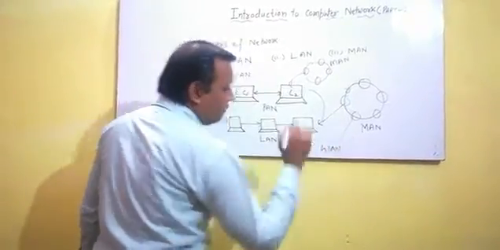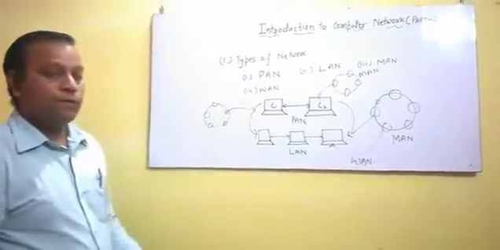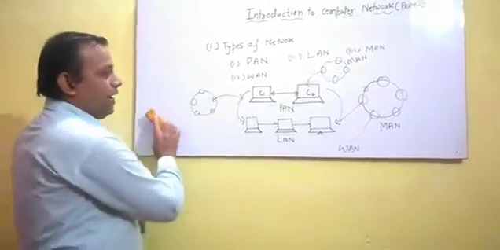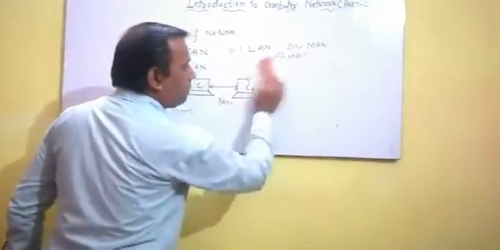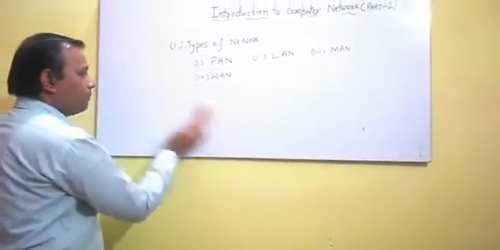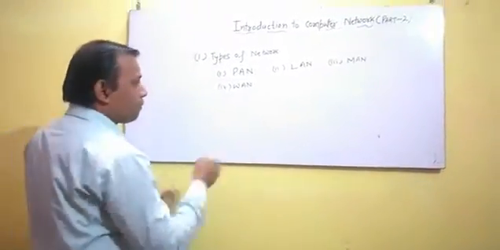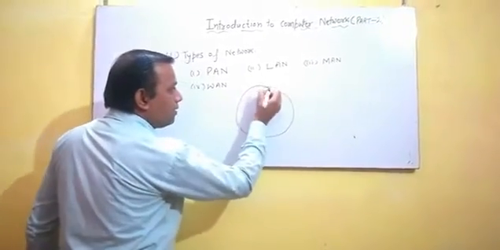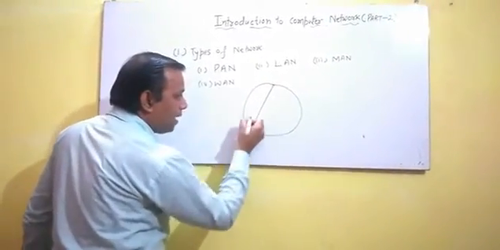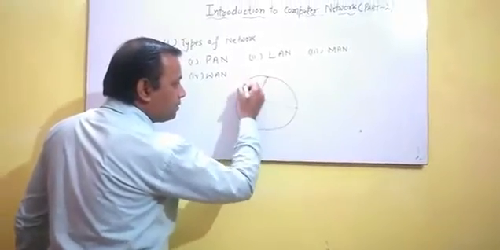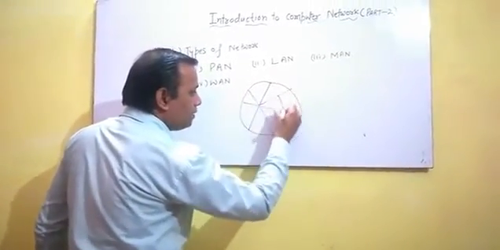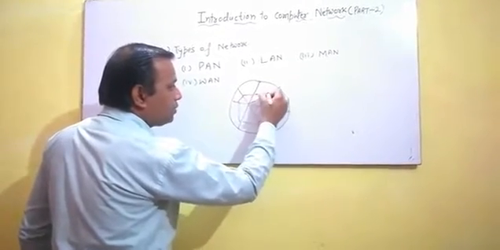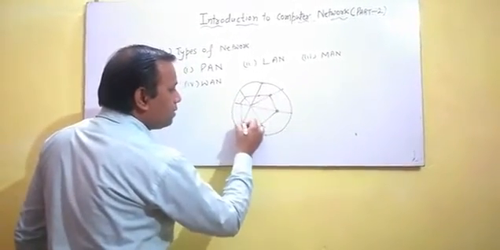If we are talking about WAN, we can make a real picture of it. This is my globe, and let it be that I am making a network. It somewhat looks like a spider web, and every junction displays a computer.